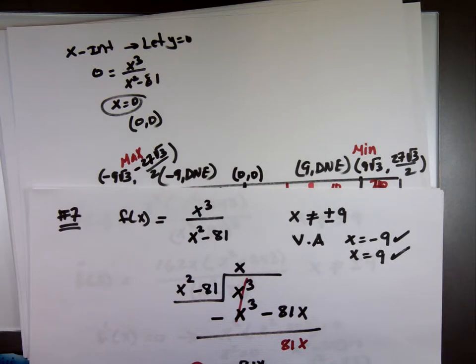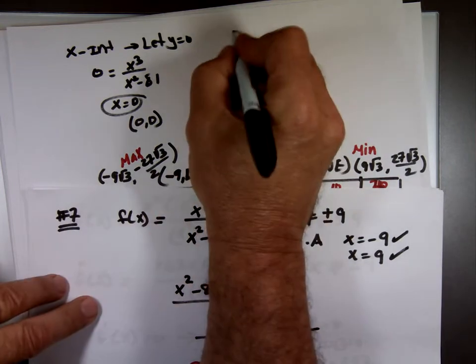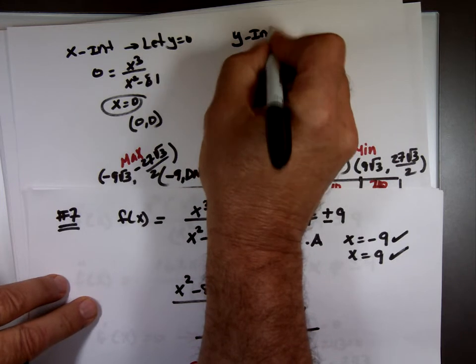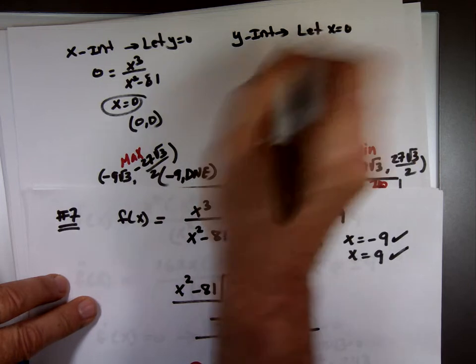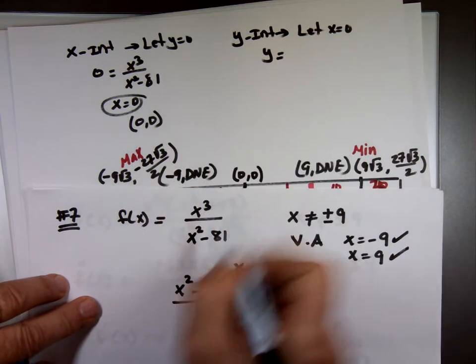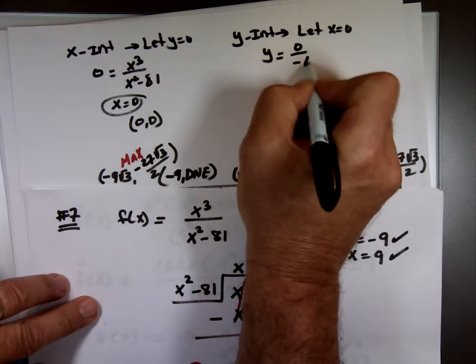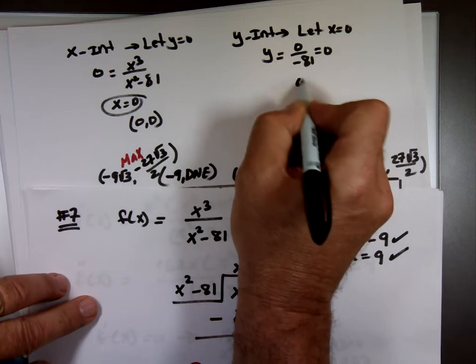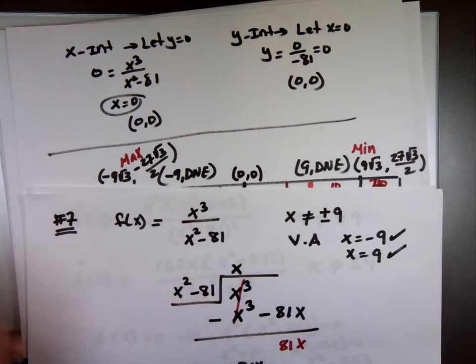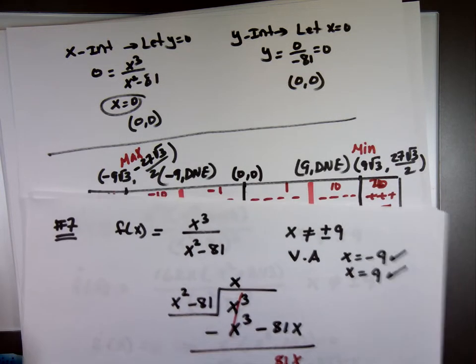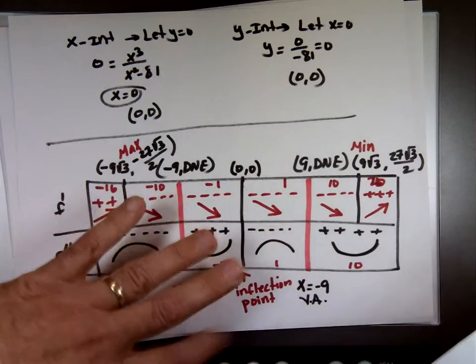For the y-intercept, you let x be 0. Y equals 0 over negative 81, which is 0. It happens to be the same point. It's not always the case, it's just that both examples happen to be that. I'm done with all of these, now I just have to graph it. This should be enough to graph it.